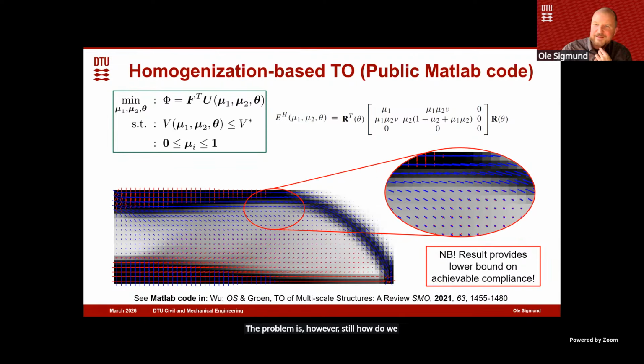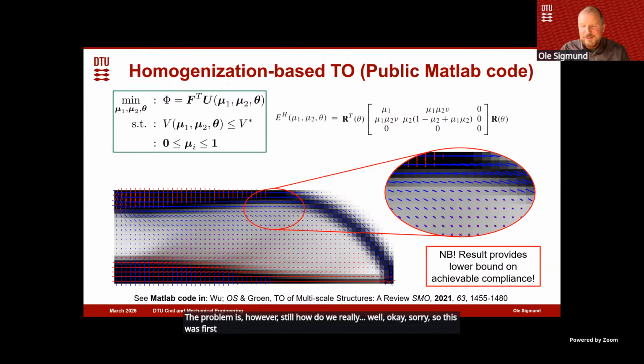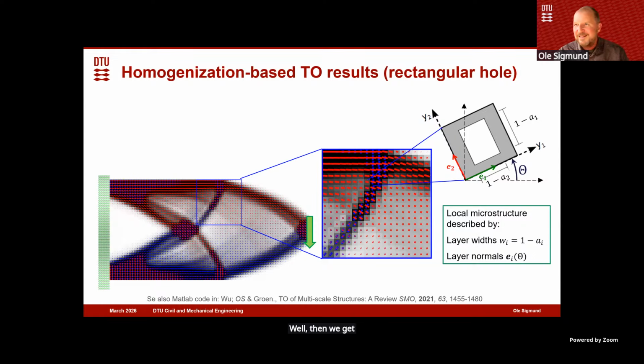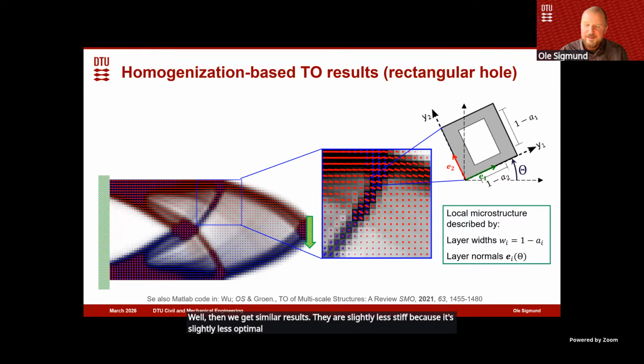Okay, sorry. This was first for the rank 2 materials. As I said, if we switch to a single length scale and essentially have a rectangular hole and vary the thicknesses of these holes, then we get similar results. They are slightly less stiff because it's slightly less optimal than the rank 2 materials, but essentially the thing is the same.